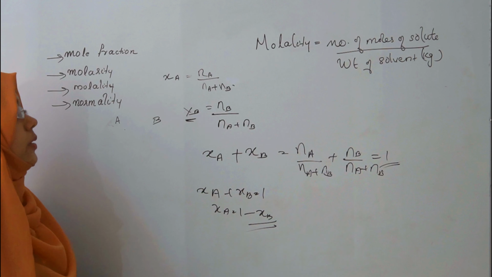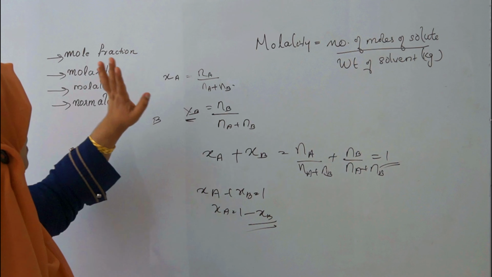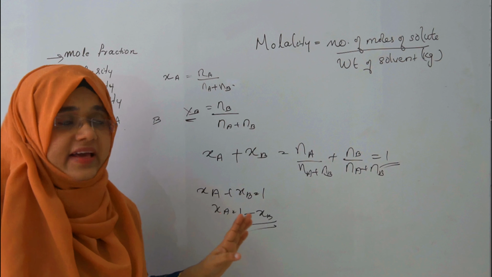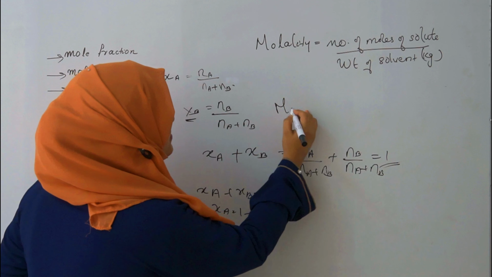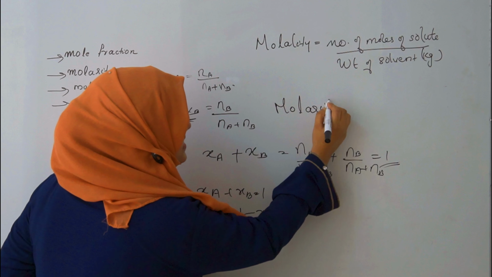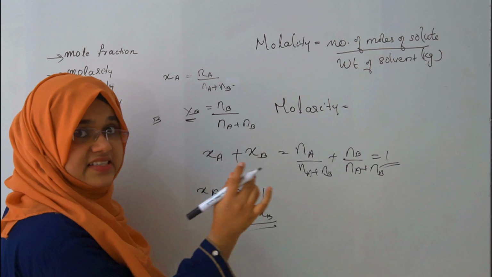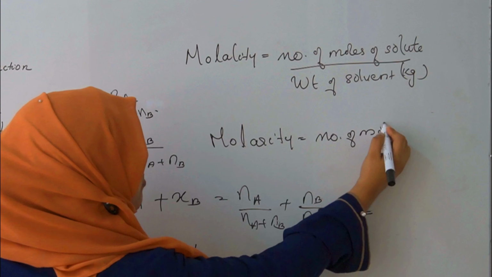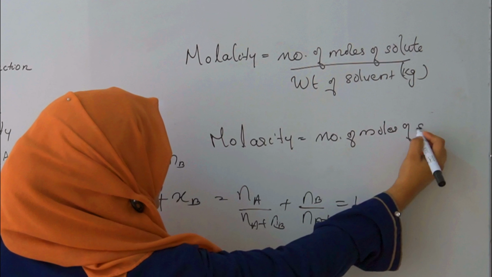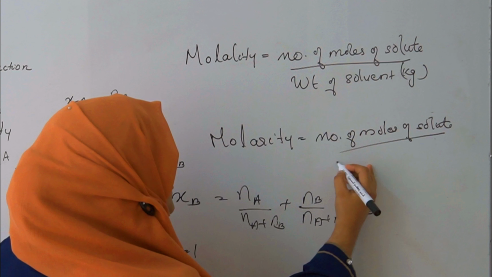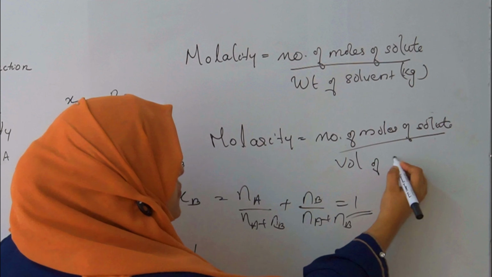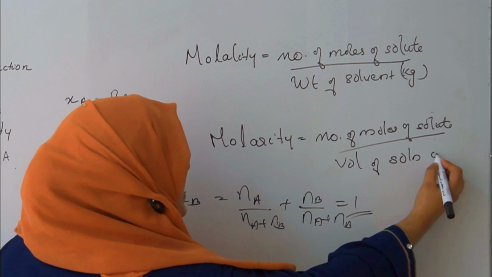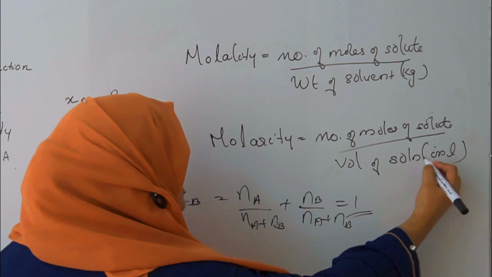Oh, sorry, I didn't write the equation for molarity. I will write it, otherwise you will be confused. This is molarity: number of moles of solute divided by volume of solution in liters.